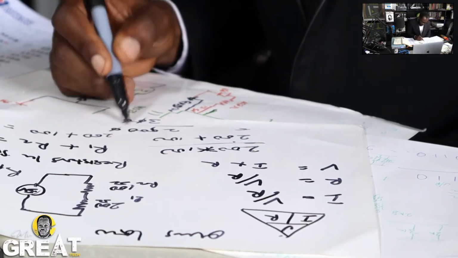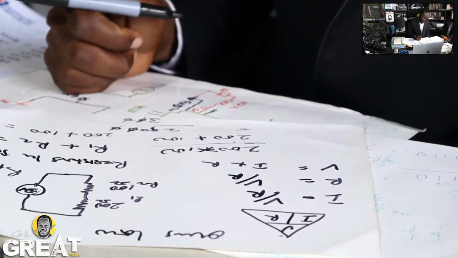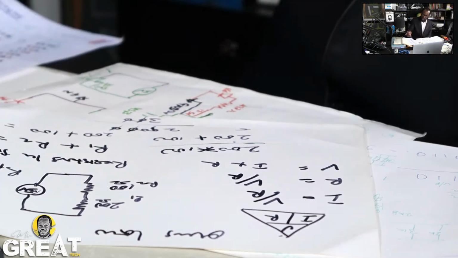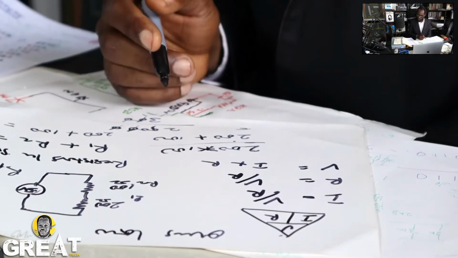So you do your mathematics: 200 divided by 3 gives you 66.6.